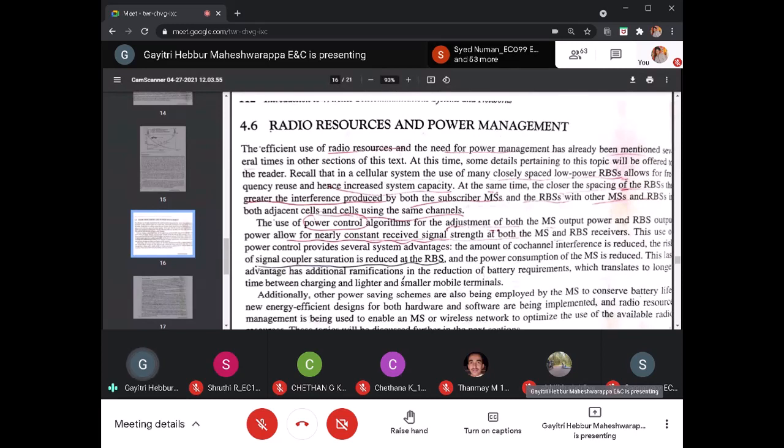So what does constant power received mean? Irrespective of the distance between the BTS and MS, constant output power will be received by the BTS from the MS as well as by the MS from the BTS. Because of that, there are so many advantages. Obviously, co-channel interference is reduced, right?